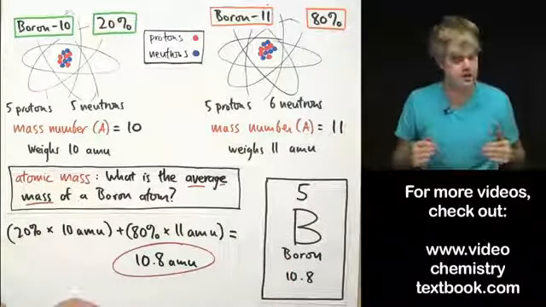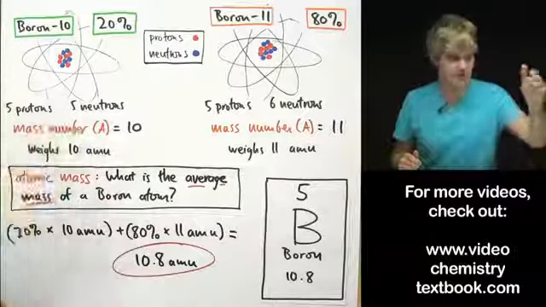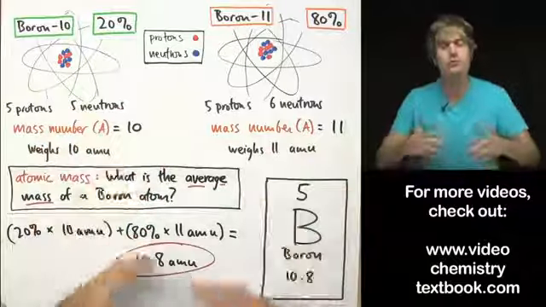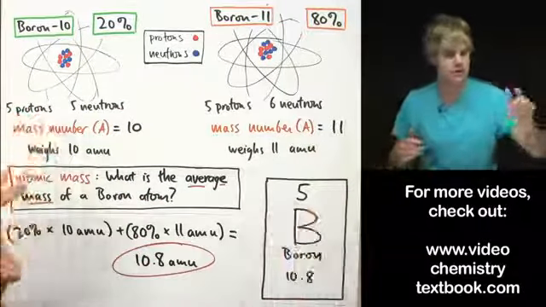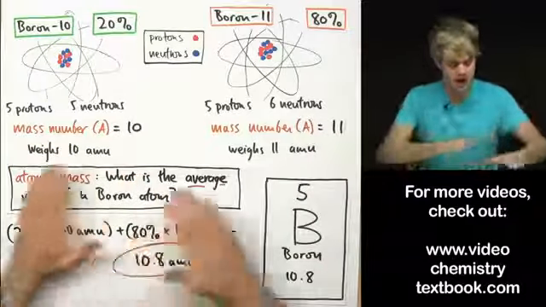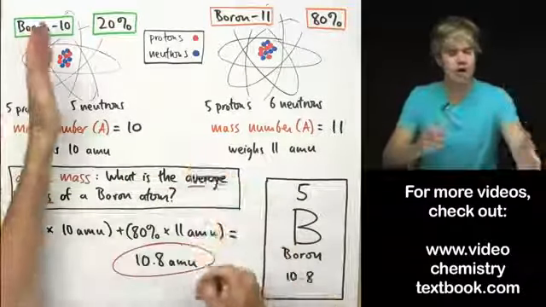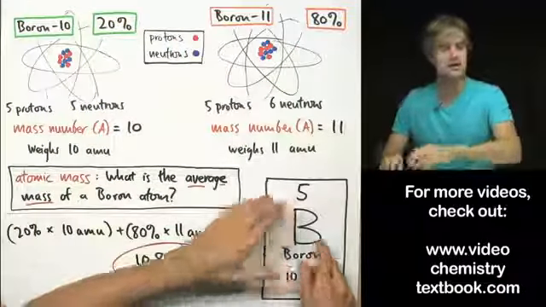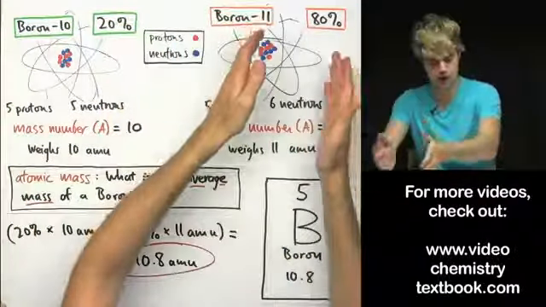Just to review these two things. Mass number is the number of protons and neutrons in a particular atom or in a particular isotope, and from the atomic number you can figure out how much the atom weighs in AMU. But now atomic mass looks at all the different types of isotopes for a particular element, in this case boron 10 and boron 11.